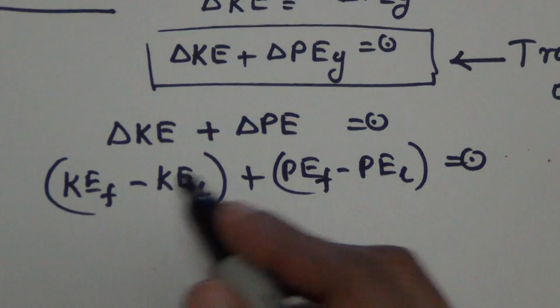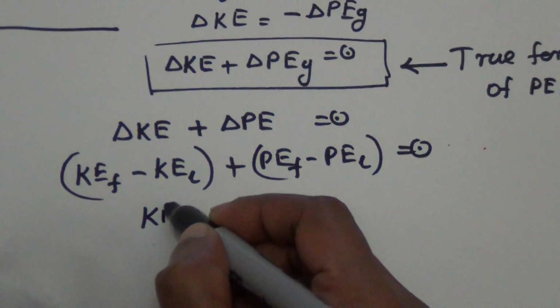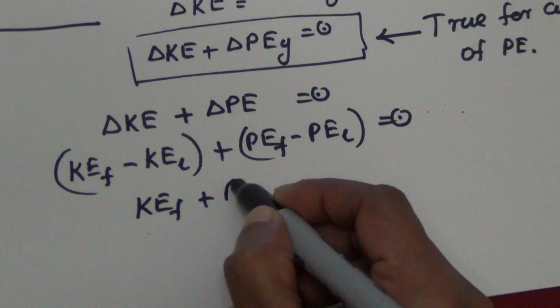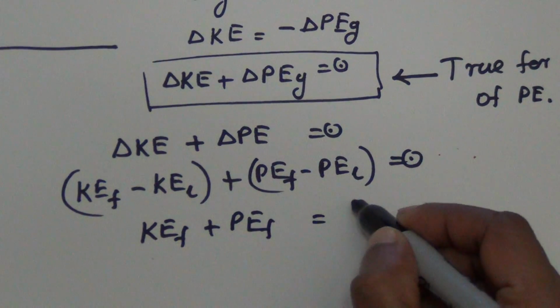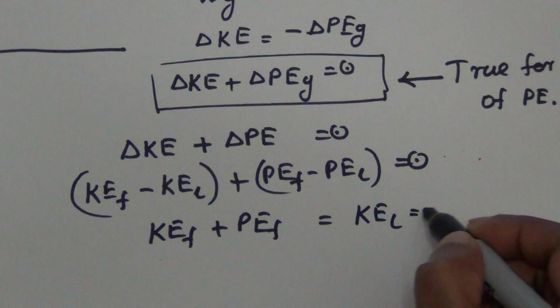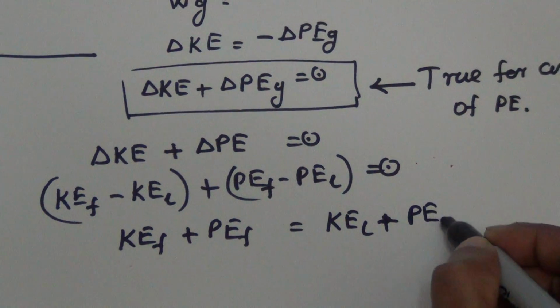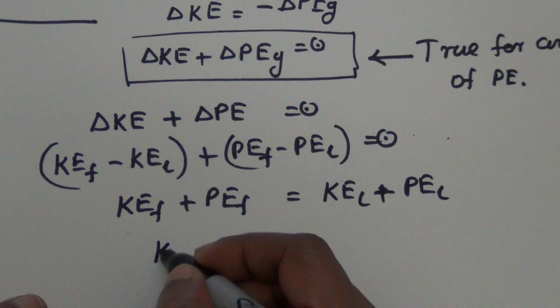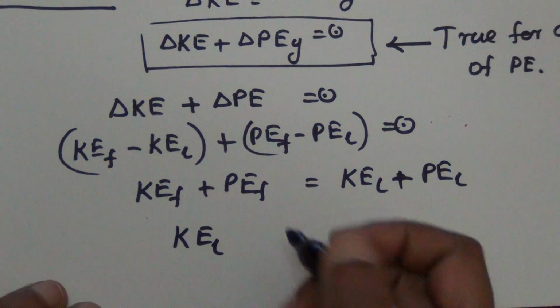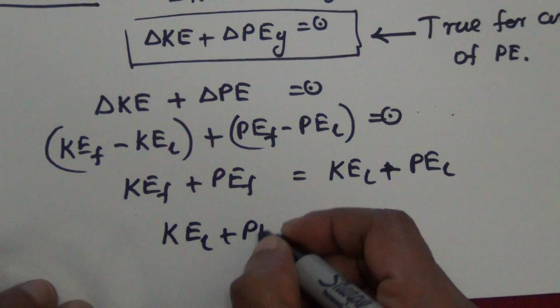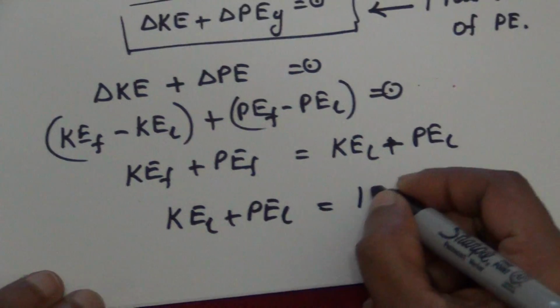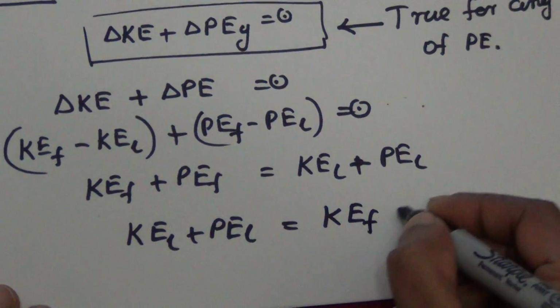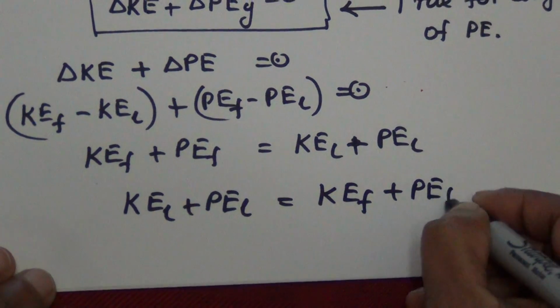So I can rearrange them, which is equal to plus potential energy initial. Usually we write initial first, so I would just flip it: kinetic energy initial plus potential energy initial equals kinetic energy final plus potential energy final.